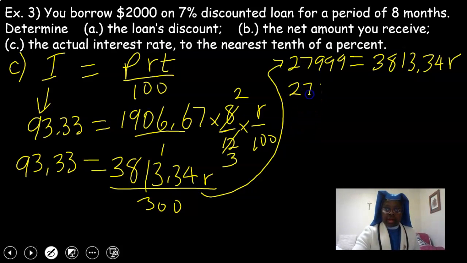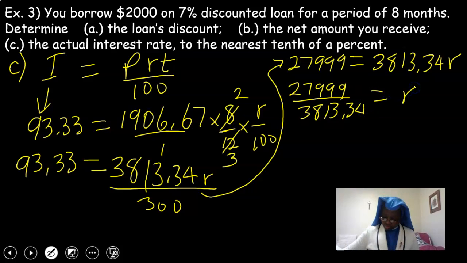So 27999 divided by 3813.34 will give us the rate, and that will be about 7.3%.